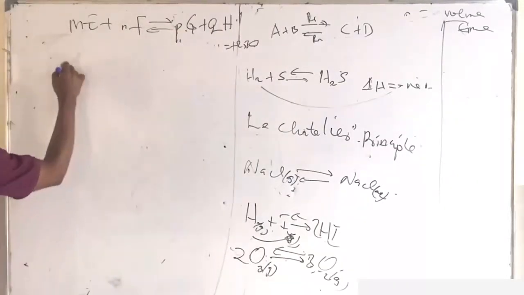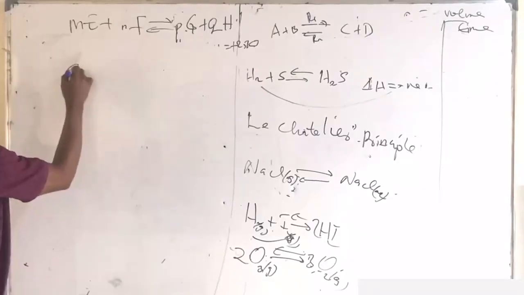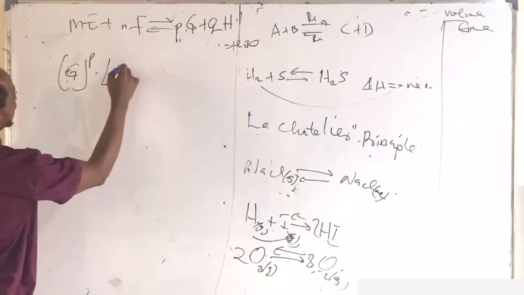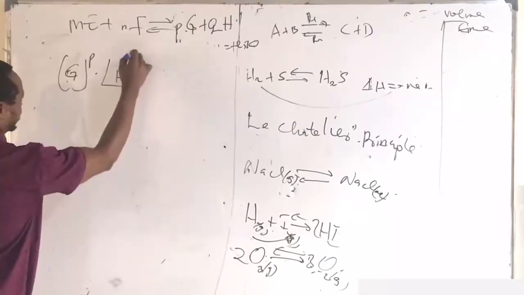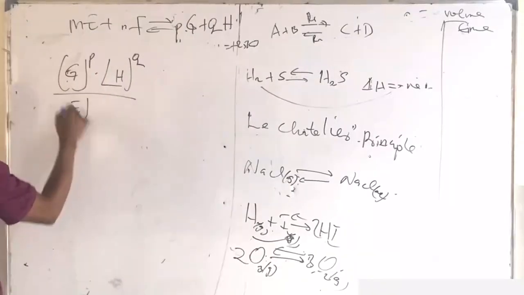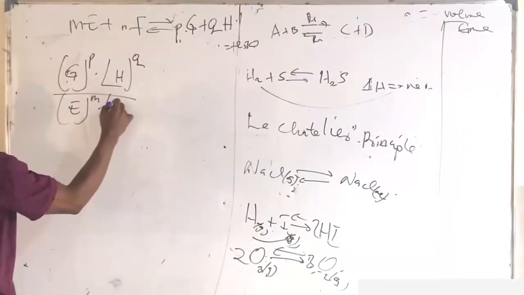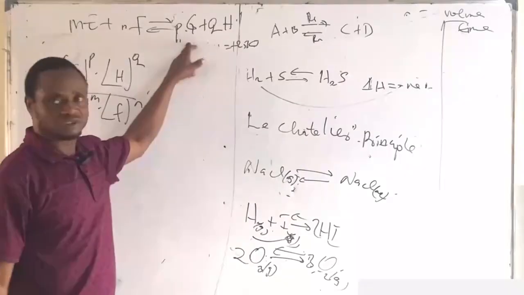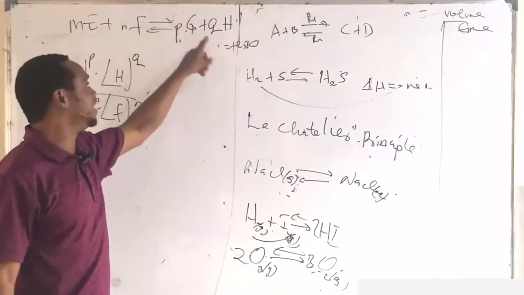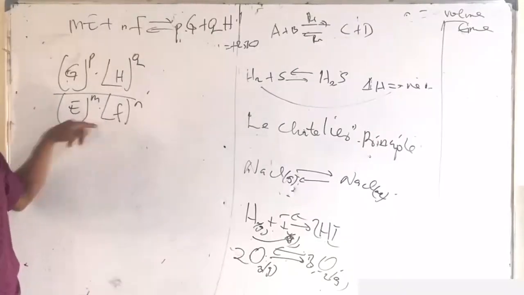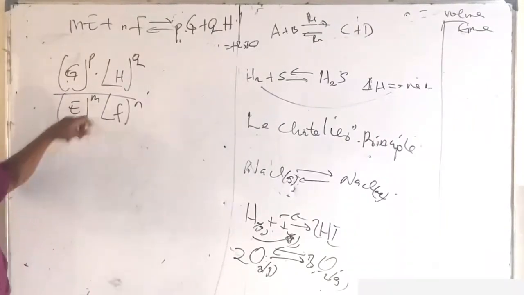So we just write G, the species in bracket, to the power p, dot, H to the power q, all over the reactants, which is E raised to power m, dot F to the power n. Just always know that it's always the product first on top to the power of their moles. If there are two as I have it here, change this to what? Multiplication sign. You can just use dot or nothing maybe here. Doesn't matter.